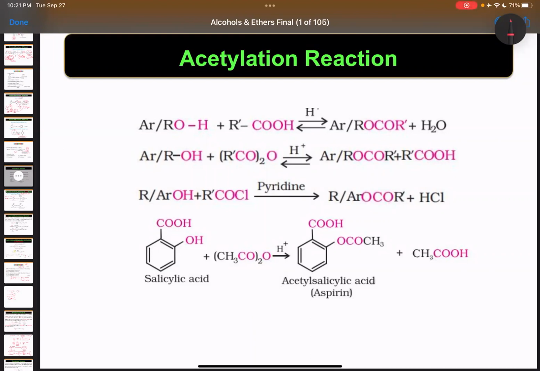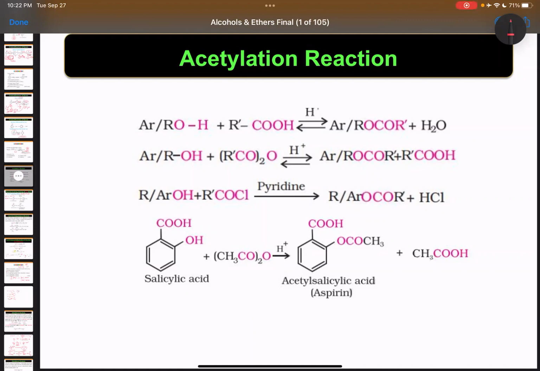So OH gets acetylated. And what are the acetylating agents? Sir, acetic anhydride in case of phenol, and for alcohols, we will use carboxylic acid, acid chloride, and acid anhydride. Yeah, correct.